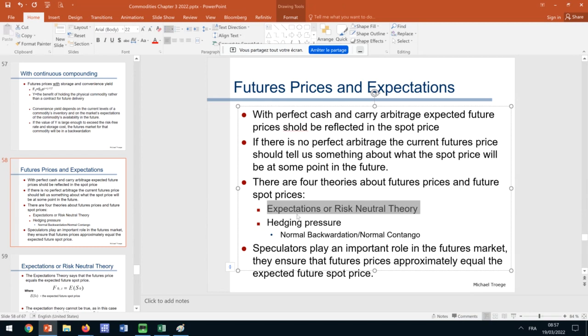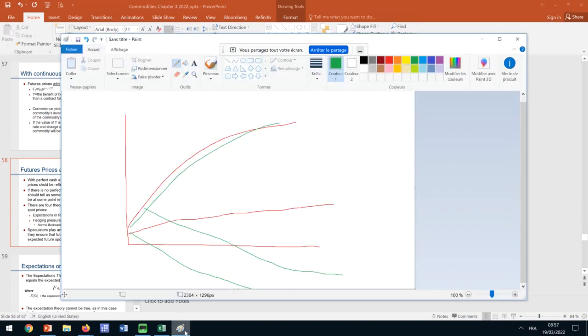One is expectations, and that's what we've just seen with these different graphs. As soon as these arbitrage conditions break down, the future price does indeed become predictive of the price evolution in the future.